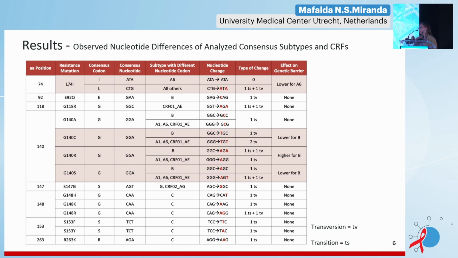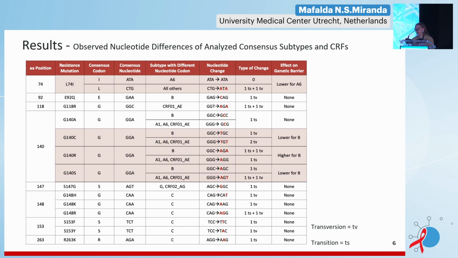But if we look at the red lines, the mutation 74I, as we already know, was already present in subtype A6, compared to all the other subtypes that did not present the triplet, which leads to a lower genetic barrier for subtype A6.